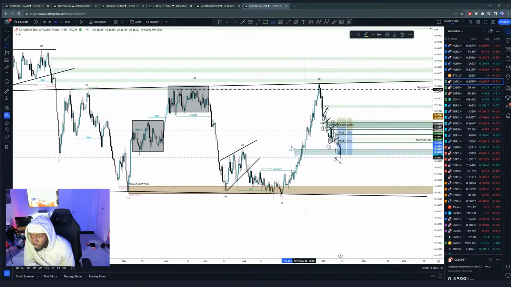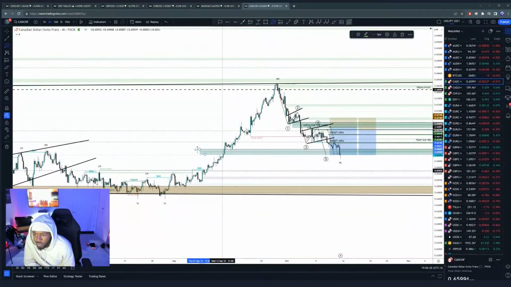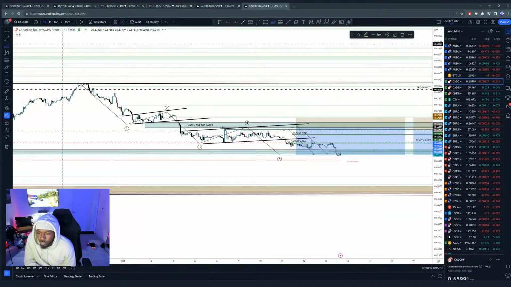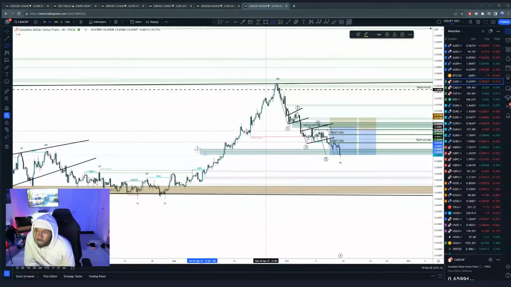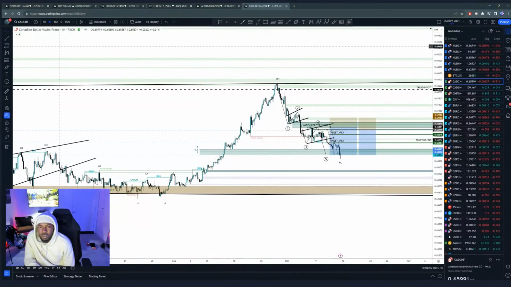So, 6. That's the 4. This is the only other level that I see that 5 could go to.